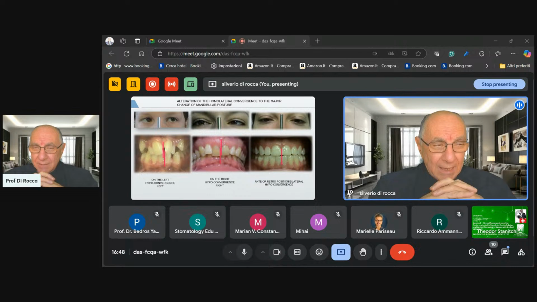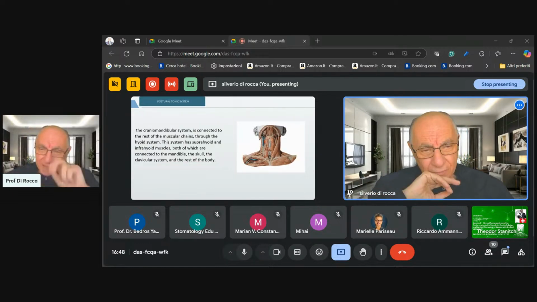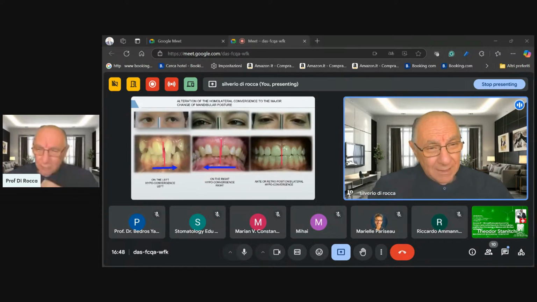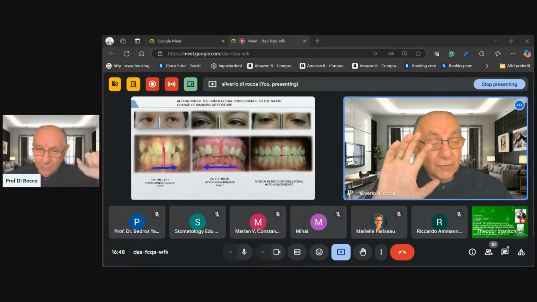And affecting both eyes, creating bilateral hypoconvergence. What you study is creating alteration of the posture, overload, lateral, right or left, and changing of the very center of the body.